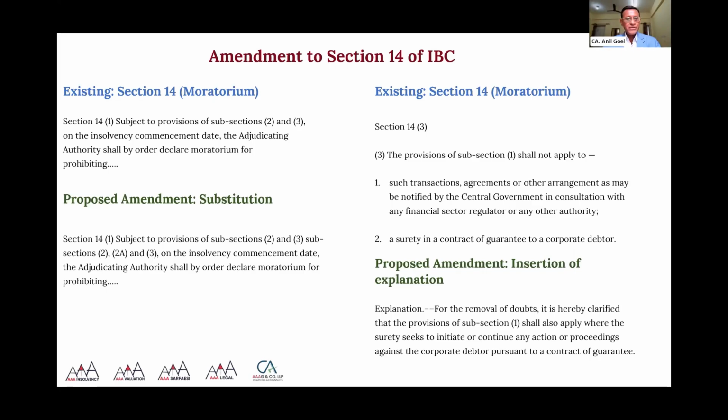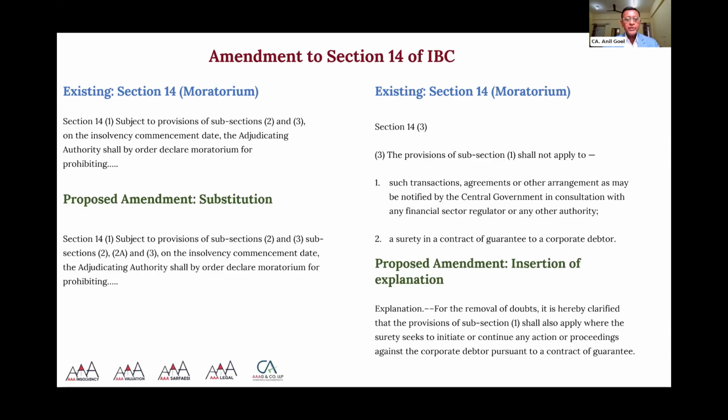So moving on to the next amendment, which is in Section 14, the section for moratorium. Moratorium is a benefit given to the corporate debtor during CIRP, because in this moratorium no litigation can be started and nobody can recover the money. So there is an amendment in this Section 14.